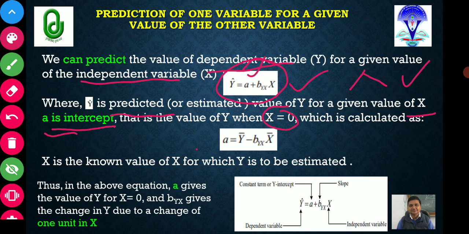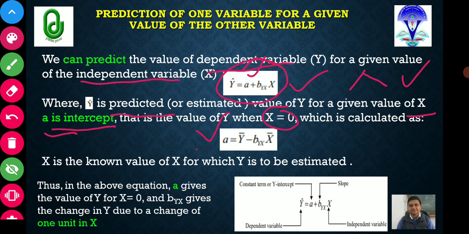You know this in the case of the straight line equation also, y is equal to mx plus c, where c was the intercept. This is concluded as a is equal to y bar minus byx into x bar.